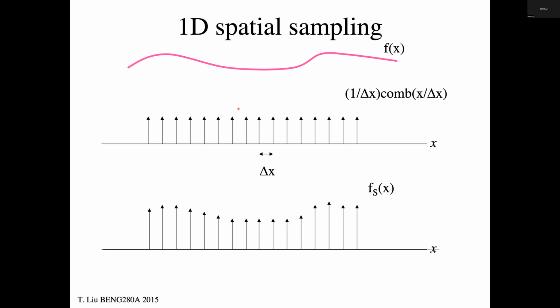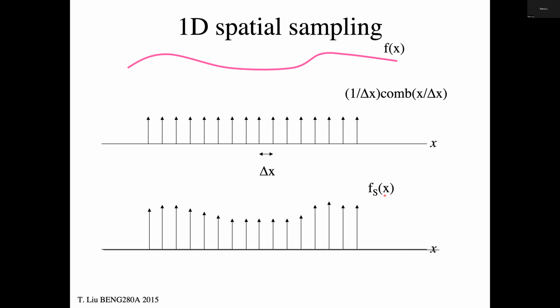So we can use the comb function to start looking mathematically at what it means to sample a continuous function. So if I have this curve here and I multiply by the comb function here and essentially integrate across such that each individual delta function sifts out a value of my underlying continuous function, right? Then I get this sampled version of my continuous function.